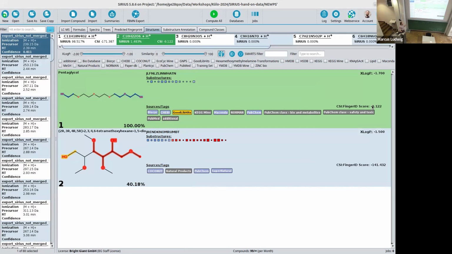The first thing, this is a log probability. So basically, the best score you can reach is 0, and then it's just negative here. And in Sirius 5, we still have this value in here. This is basically a predicted Tanimoto from the predicted fingerprint to the molecular fingerprint of the structure candidate.